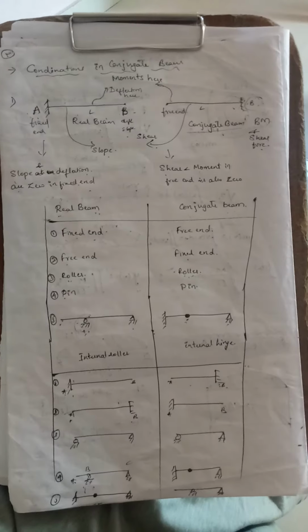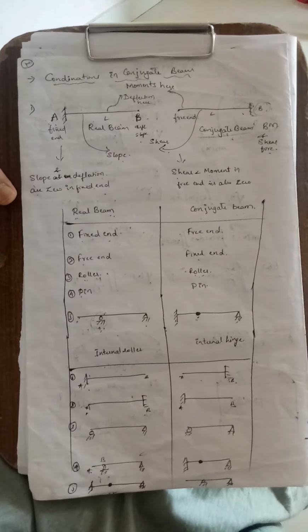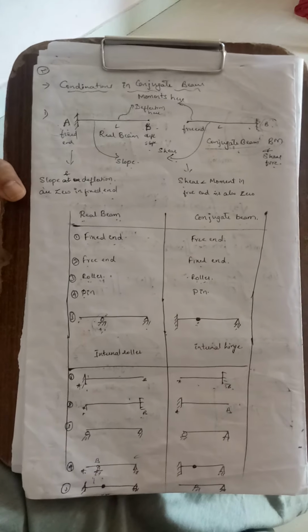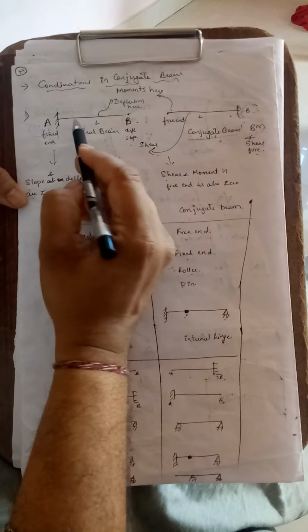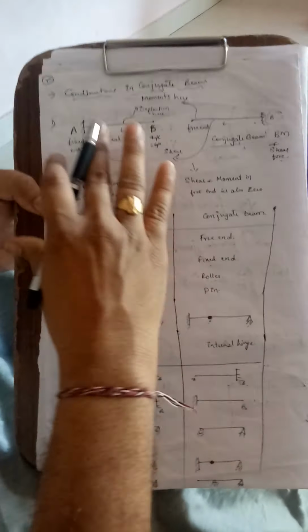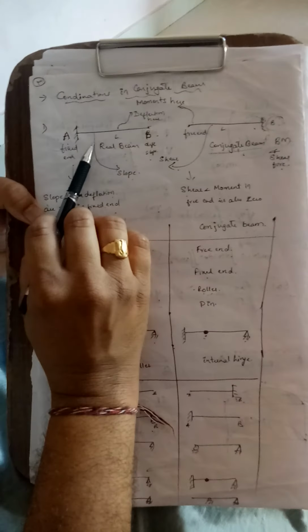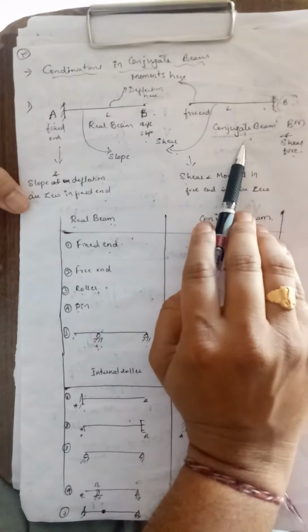After understanding the concept, we go to some conditions in the conjugate beam. Before that, you can see this is a cantilever beam of length L. This is the real beam given in the question. We need to find the slope and deflection. Now what is the conjugate beam?